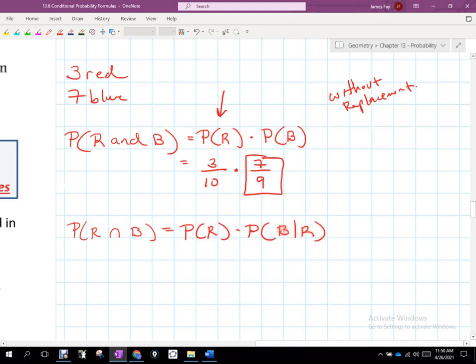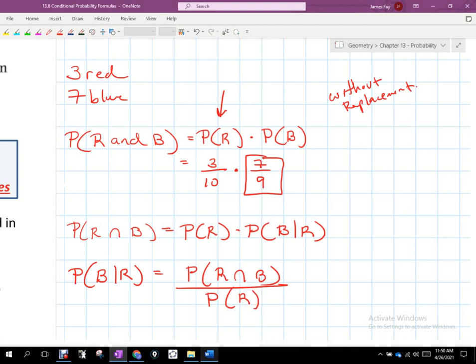Now, if I want to reorganize this to solve for the probability of B given R, then it is the probability of R and B divided by the probability of R. Does that make sense? Okay.